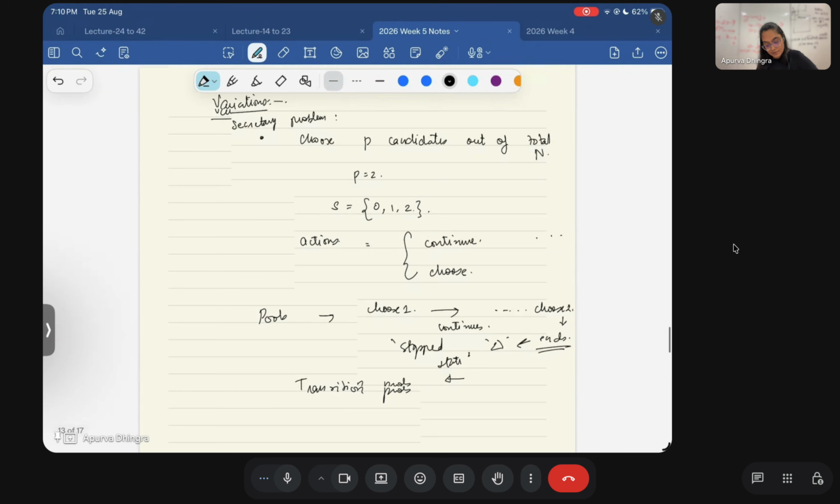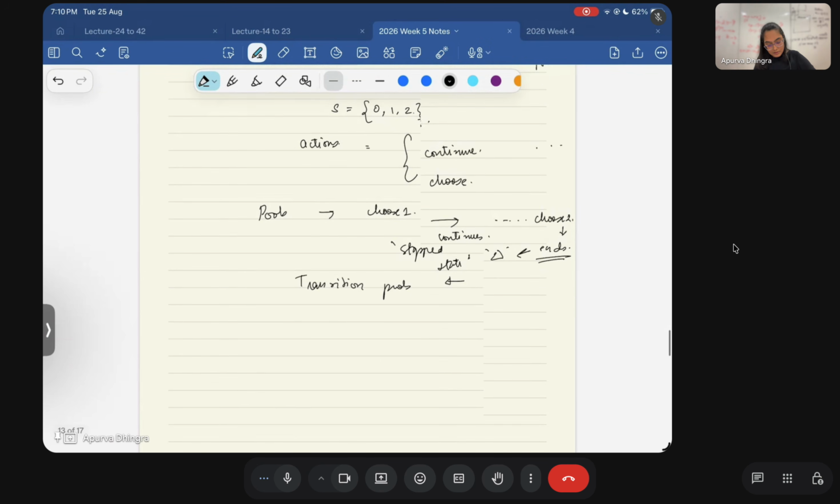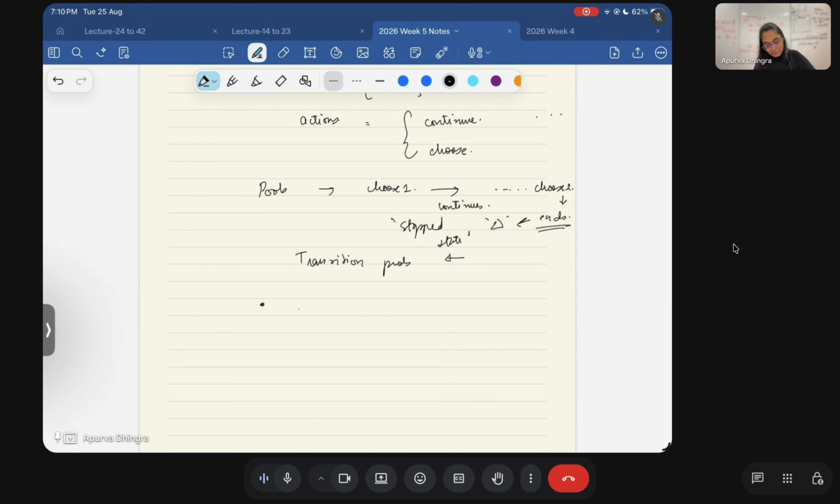Or if there's a strong constraint that you have to choose, then that's a slight variation of the problem.